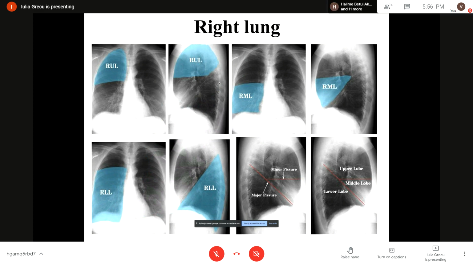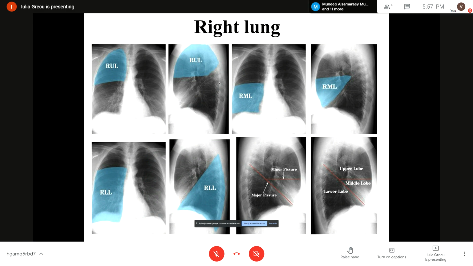In order to establish this division and to correctly identify the pulmonary lobes, we have to remember that they are separated by two kinds of fissure.